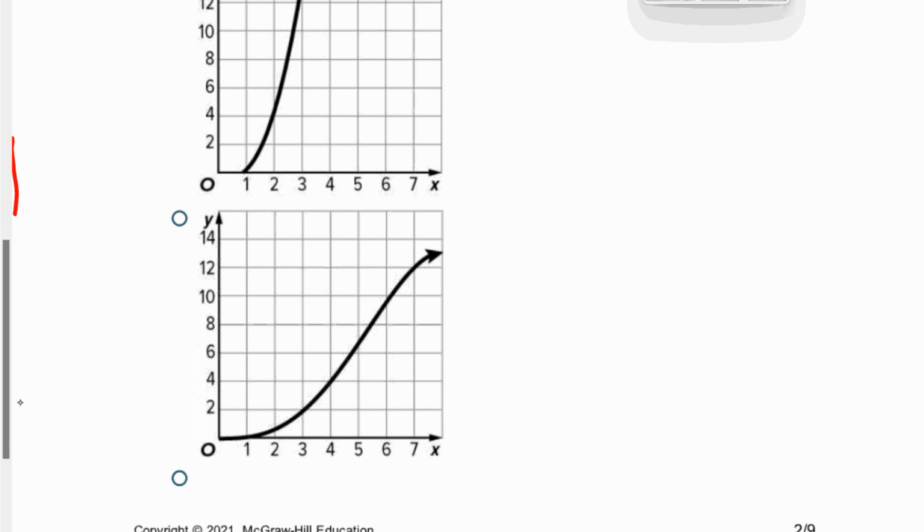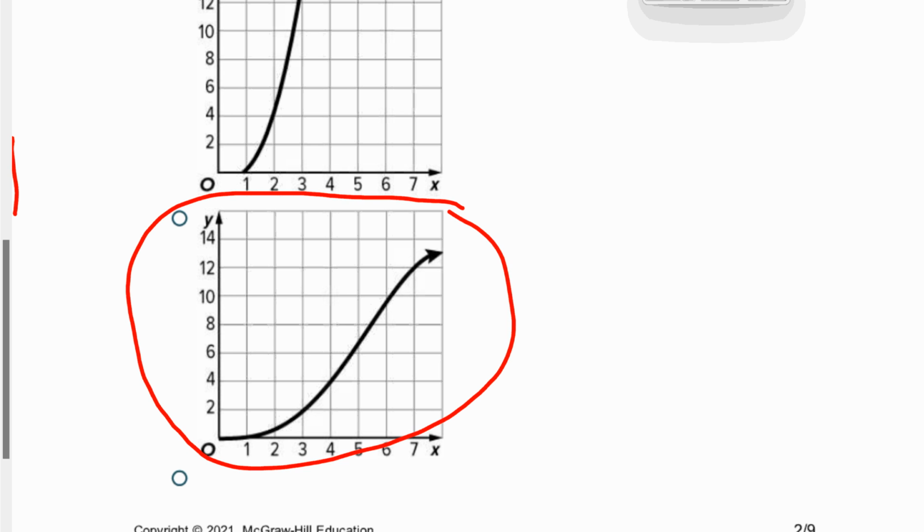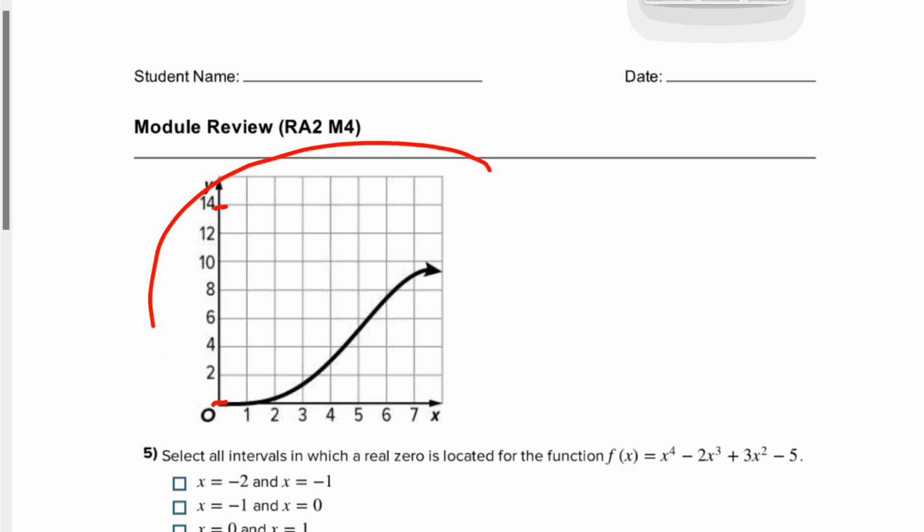So if we look at all those, we can see that if we put that in our graphing calculator, I'm determined that it's either this one right here or this one right here. If I look closer in, this one is approaching 10 on my graphing calculator.